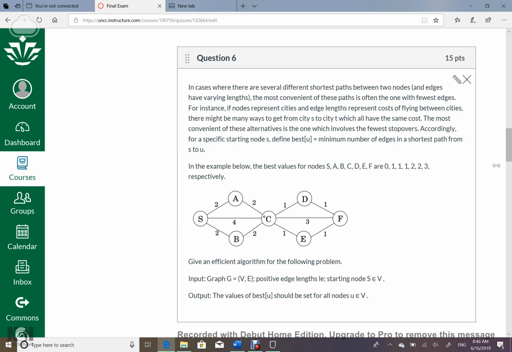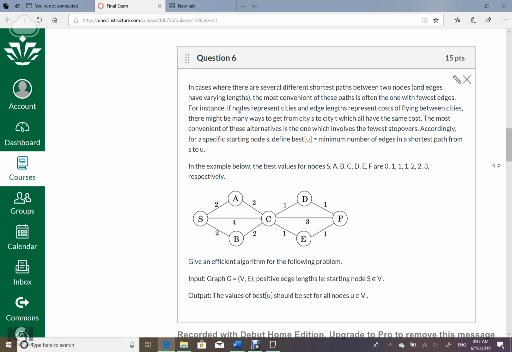Really depending on how you want to define this criteria. In this case, they mention it is the shortest number of edges in that path that is the smallest one. You use that one as the shortest path. So this is different from the shortest path in chapter 26. And here actually, if this is an undirected graph, definitely you can use BFS, the breadth first search. Let's continue to take a look.